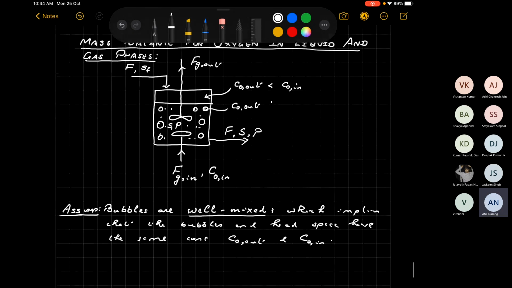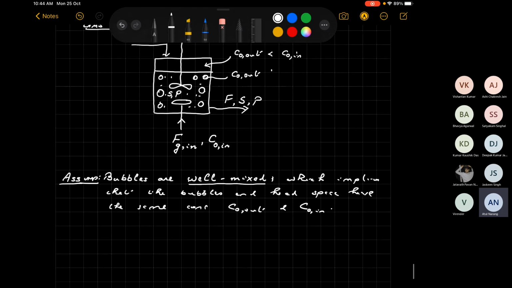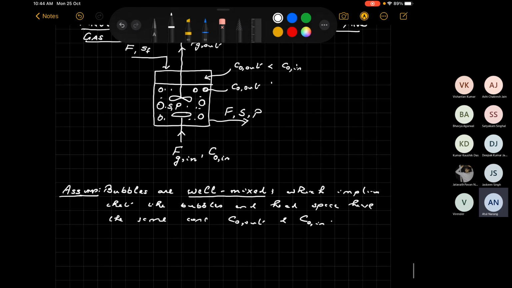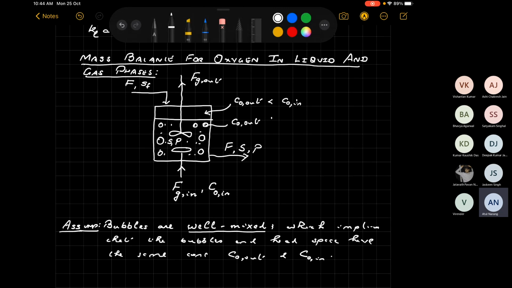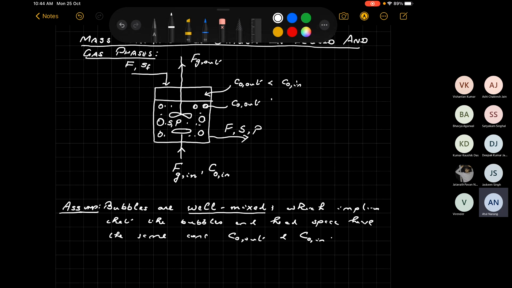Under many conditions, especially under aerobic growth conditions, this is the second assumption.